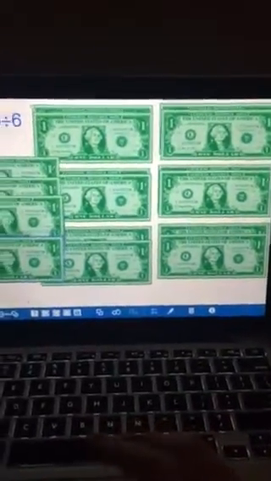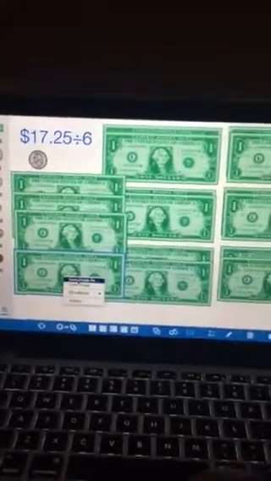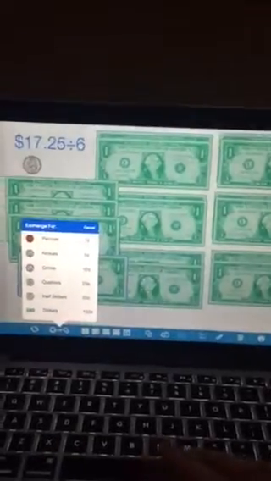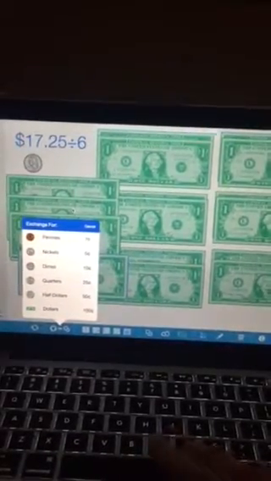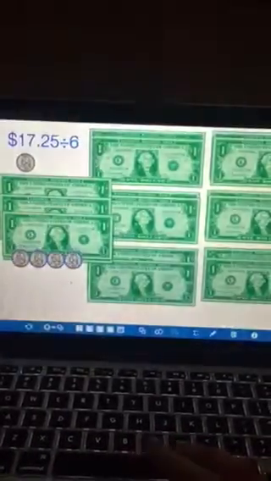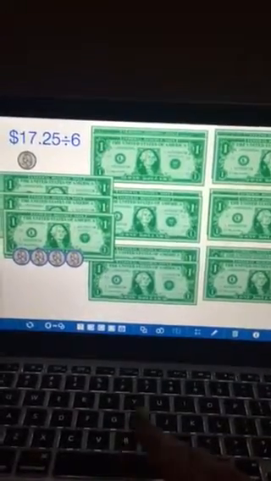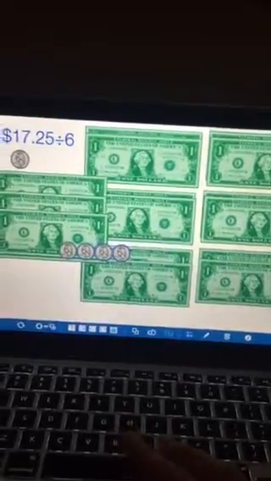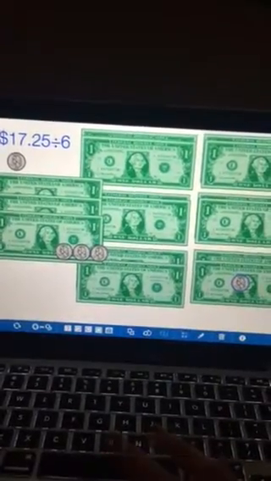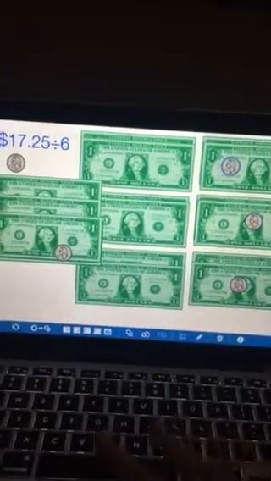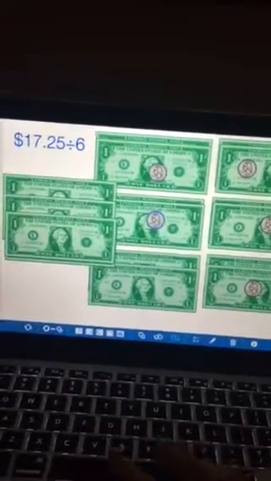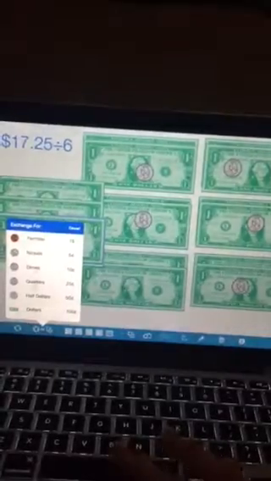So now I have to separate my dollar, or make the dollar turn into quarters, so I can distribute my money into the 6 groups. So now I'm going to put 1/4 into each group and do it again.